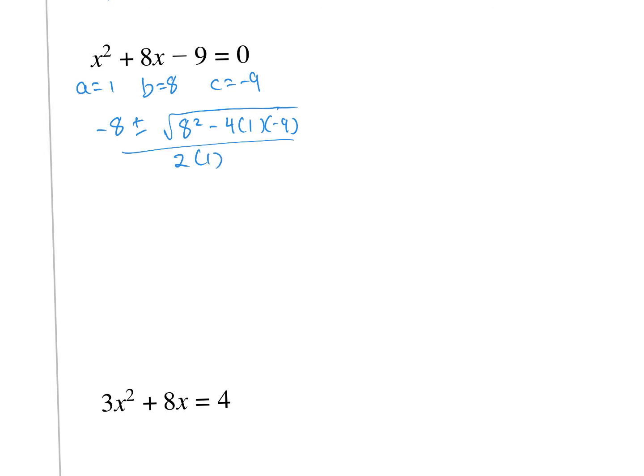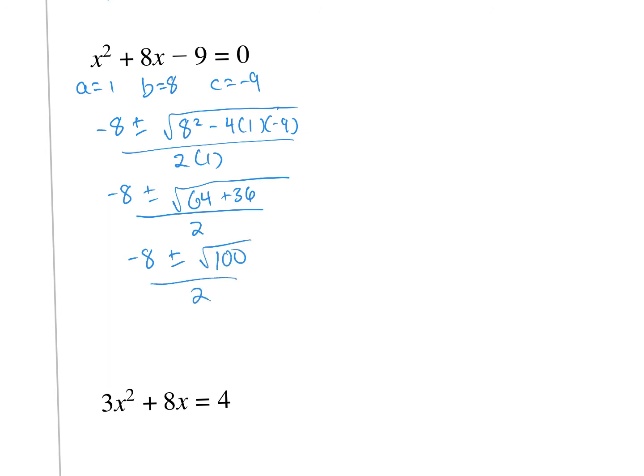Simplify. Negative 8 plus or minus the square root of 64 plus 36, divided by 2. 64 plus 36 is 100. So negative 8 plus or minus the square root of 100, divided by 2. The square root of 100 is 10. So negative 8 plus or minus 10, divided by 2.